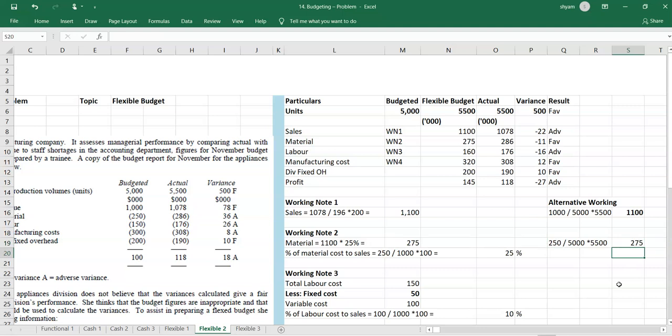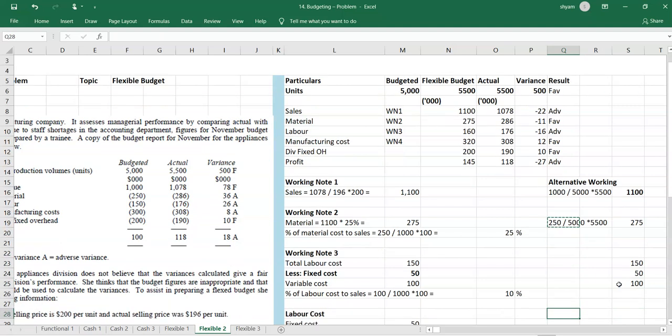We can quickly get the answer. Okay, 275. See, labor also we can work out in the same way. See, total labor cost is 150, right? 50 is fixed. The 100 is variable. So this is for 5000 units. Then what has to be for 5500 units?